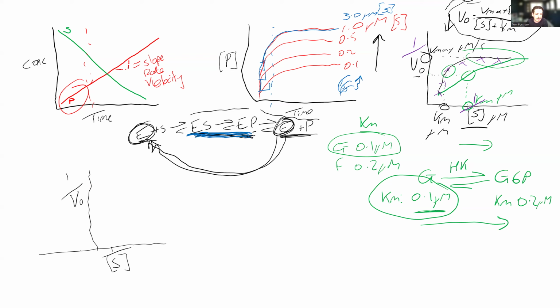And what we can do is that rather than having to draw lines on pieces of paper in order to figure out Vmax and then half Vmax, what we can do instead is plot it, let's do a different color to make it nice and clear.